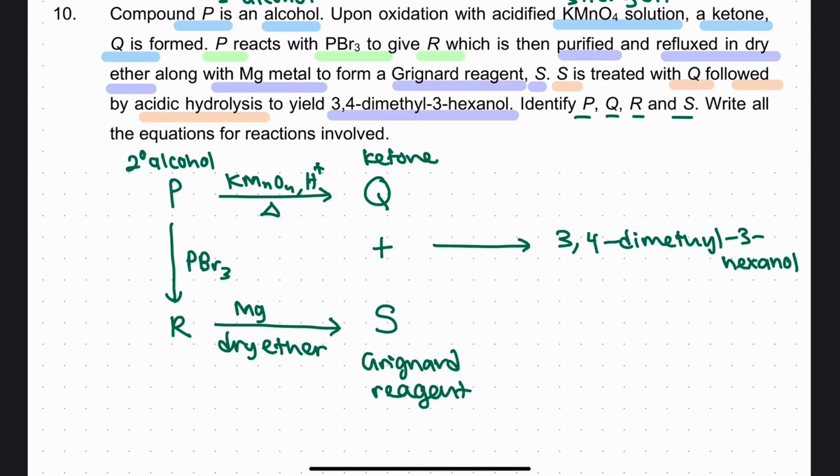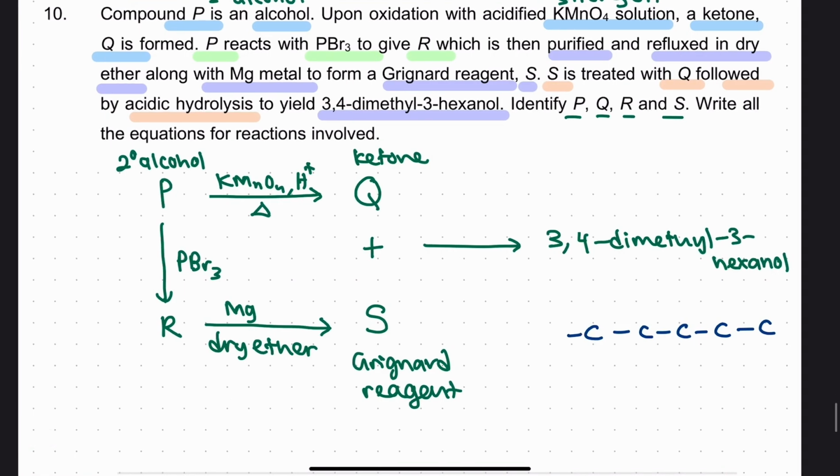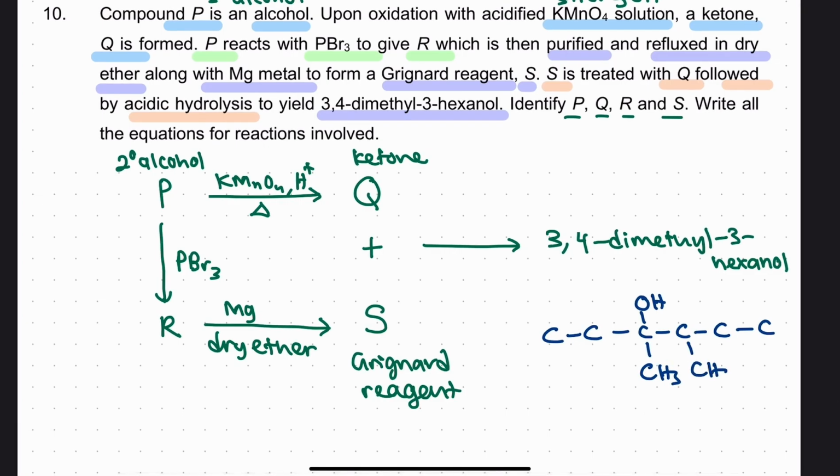So now in order to predict P, Q, R, S, first you have to identify the structure of 3,4-dimethyl-3-hexanol. So let's draw that hexanol. 3-hexanol, so the longest carbon chain would be 6. At position number 3, we have an OH group because it's 3-hexanol. After that, at position number 3 we have a methyl group as well as at position number 4.